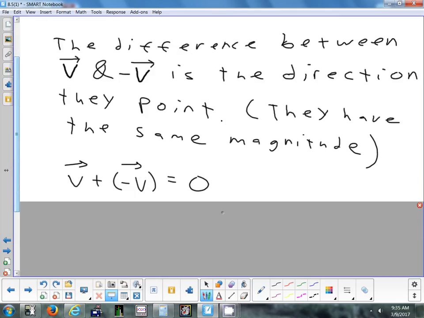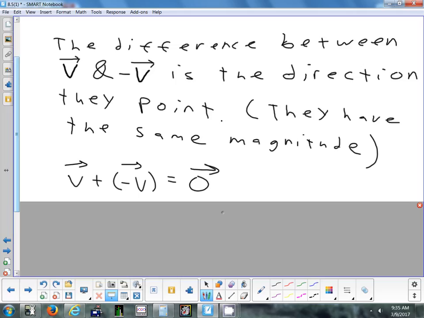So we saw this idea earlier. I didn't write it like this, but if you take a vector and add its opposite, in other words, the same vector, just pointing 180 degrees the opposite way, the two vectors cancel out, and the answer that you get is the 0 vector. I don't know if anybody noticed, but I didn't have the arrow on top of the 0 when I first showed the slide.